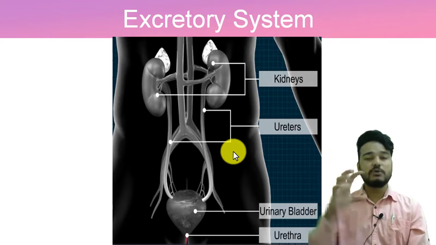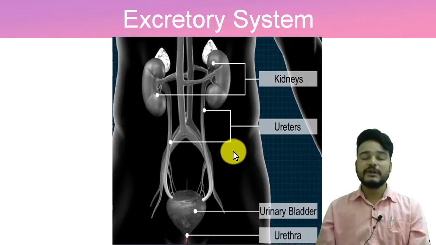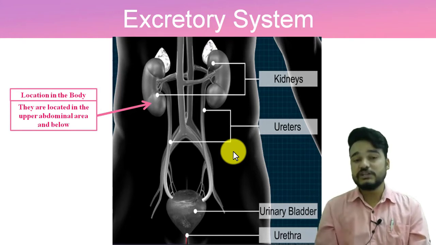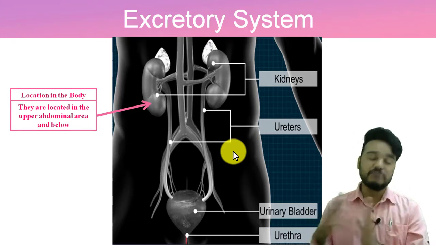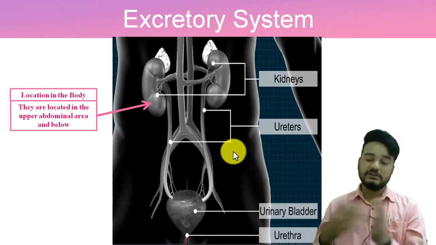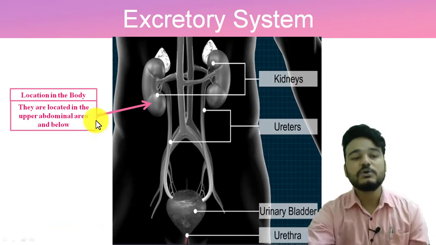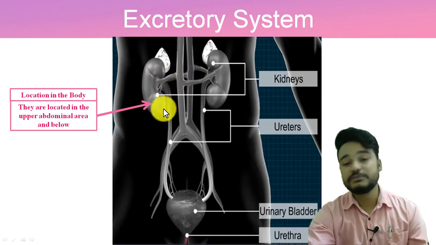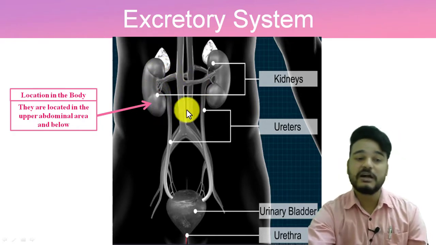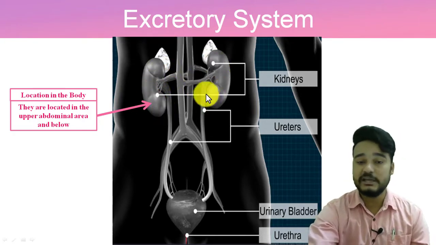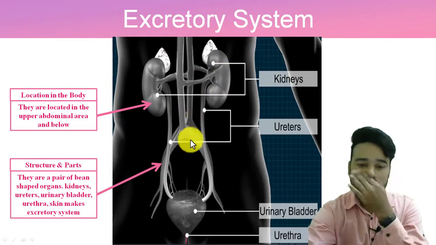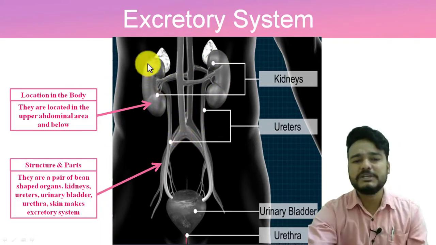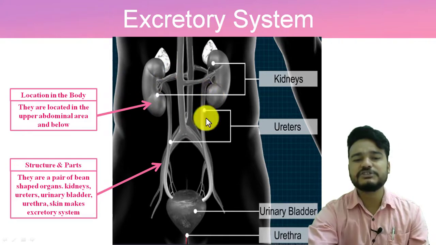But there is another way through which our body removes waste. So using this excretory system. Kidneys we have already learned, they are present in the upper abdominal area, and they are a pair of bean shaped kidneys.